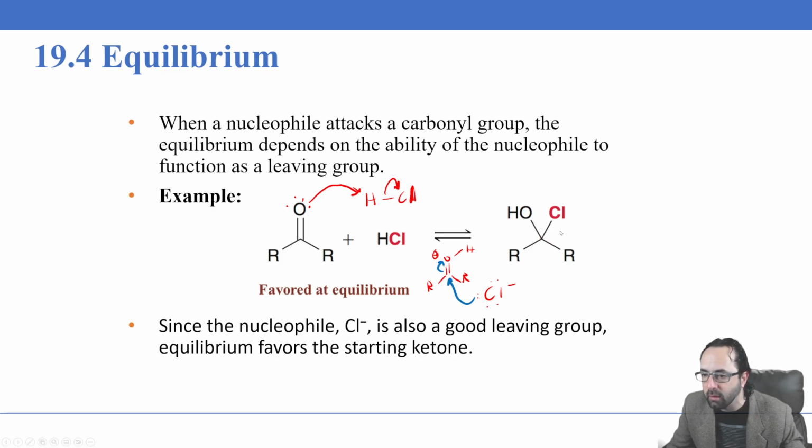And this is because the chloro would rather not be attached. It can leave very easily. Anything that's a great leaving group and stabilizes the negative charge will probably just stay this way. So equilibrium here is going to favor the starting ketone because the chloride is a great leaving group. If it was a terrible leaving group, like if it's hydroxide, then it will favor the product here. That would be a dihydroxyl type arrangement.